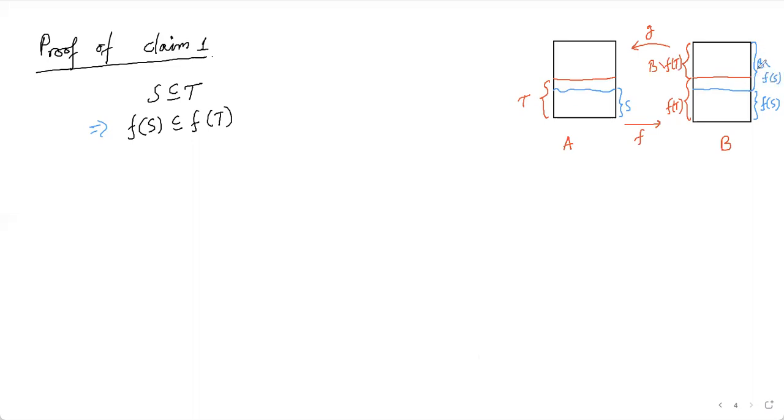So b minus f of s contains b minus f of t, and therefore what we have, this implies b minus f of t is included in b minus f of s.